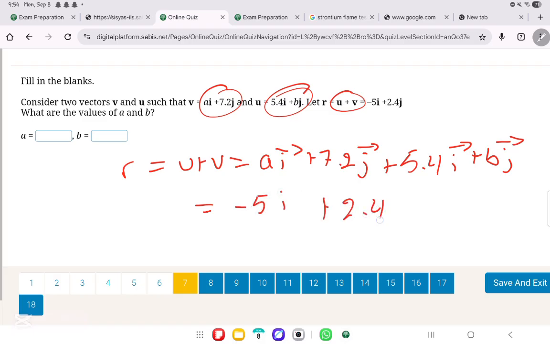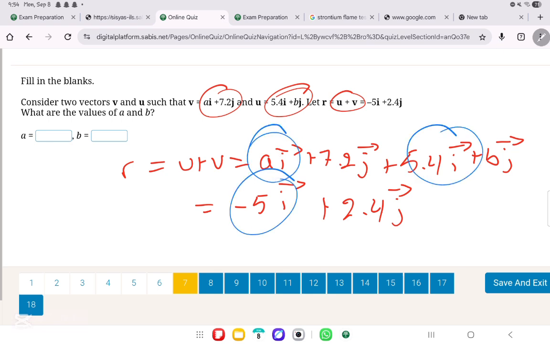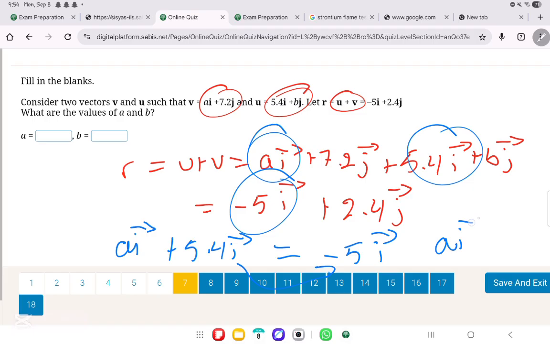Now, what do we do in this scenario? We take all of the i's by themselves, ai plus 5.4i is equal to minus 5i, and we make an equation. Move this to the other side: ai is equal to minus 10.4i, and you can cancel i, and you'll be left with a equal to minus 10.4. Now, what's left is the j, so 7.2j plus bj is 2.4j.